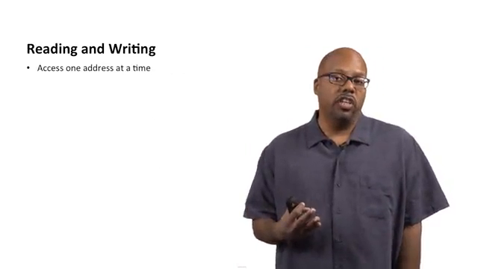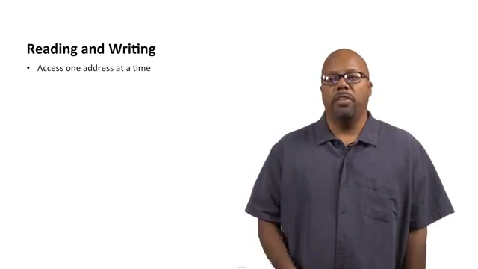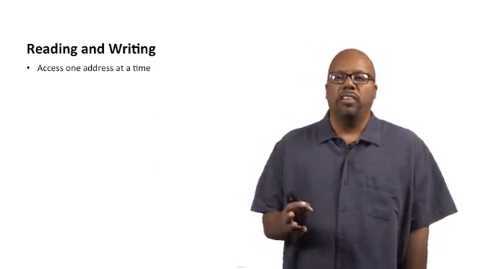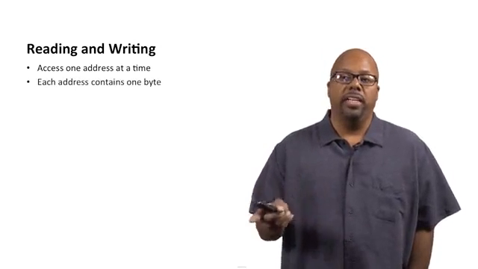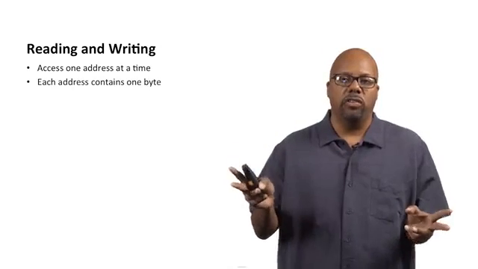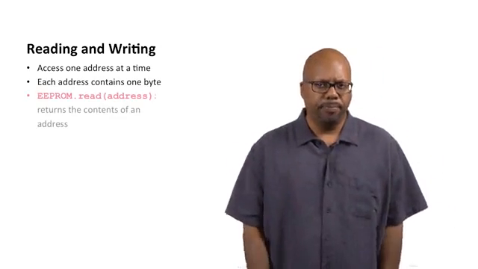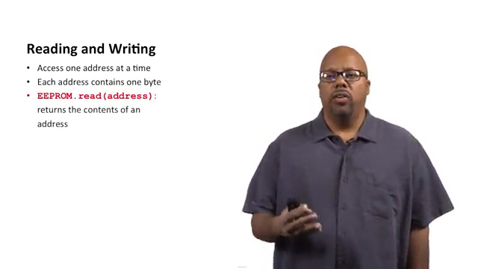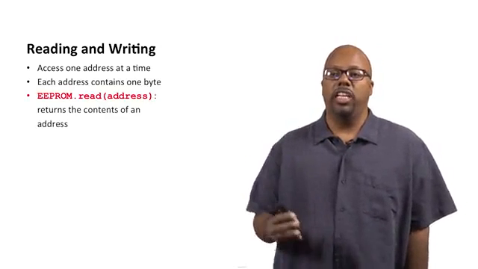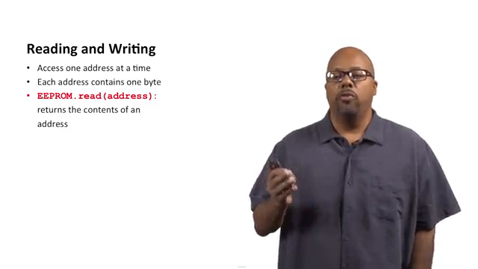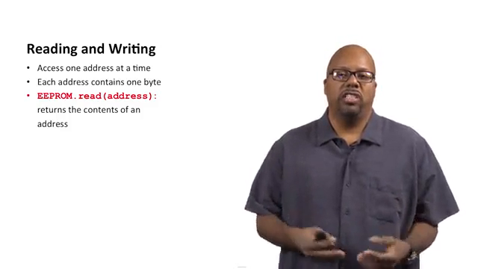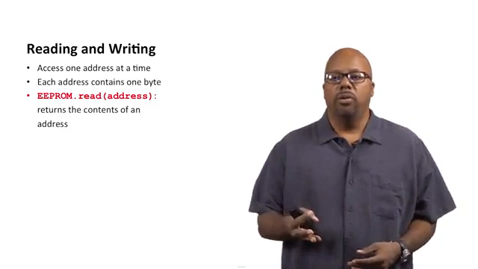They provide library functions to access the EEPROM, and it's pretty straightforward actually. You access one address at a time, and each address is 1 byte. We call this byte addressable, meaning every address has 1 byte in it. The way you read an address is you call the function EEPROM.read from the EEPROM library, and you pass it an argument, which is an address, just a number.